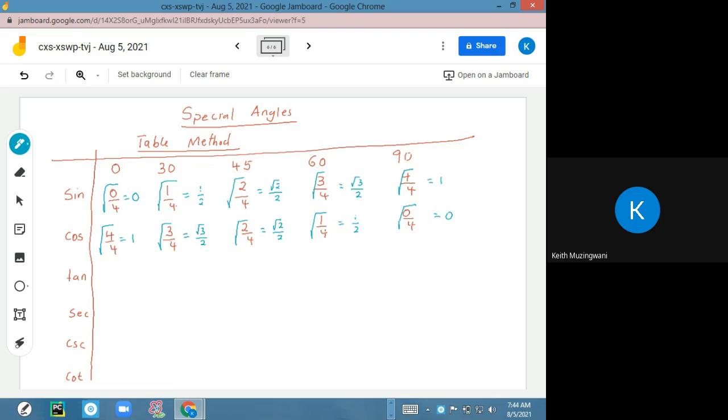So what this means is that you can obtain tan, sec, cosec, and cot, because once you understand sine and cosine, you can easily use them to get tan. Tan is just sine over cos. So tan 90 would be 1 over 0, which is undefined. So write undefined.